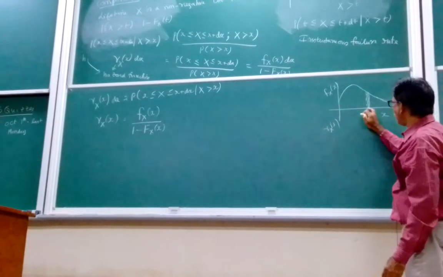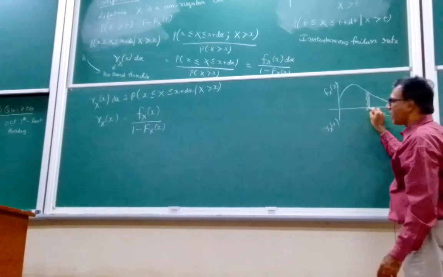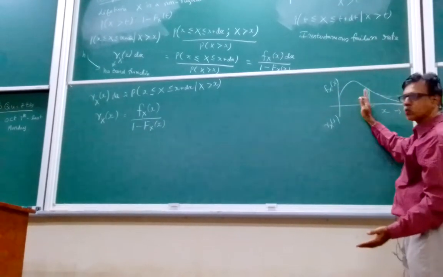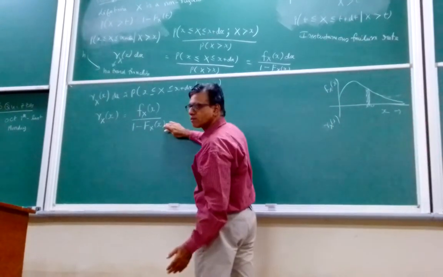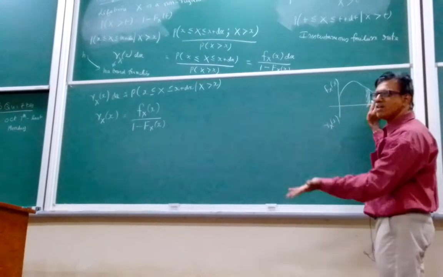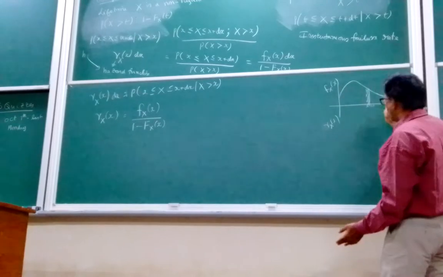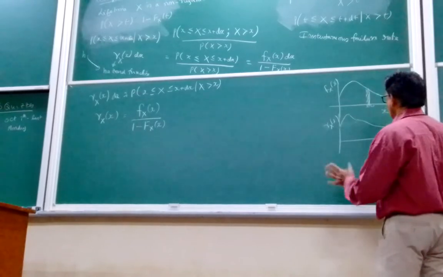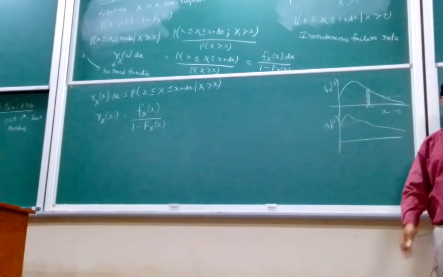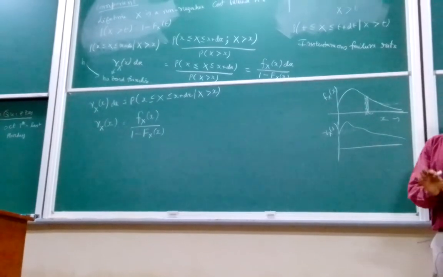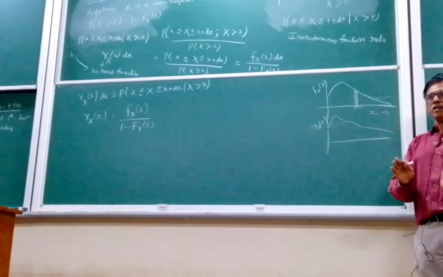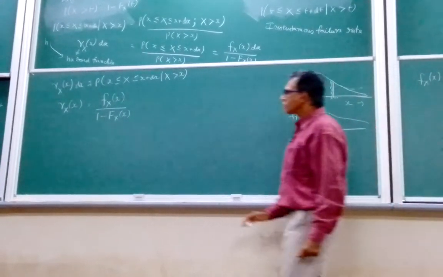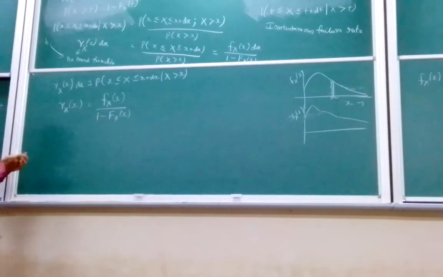That is, the probability that X lies between x and x plus dx, divided by the area from 0 to x, which is this factor, and divided by the interval size to get the density. Every time you have to recompute such a thing and then draw it. Not sure how it is going to be, something like this. That function is called the hazard function. It is the conditional density function, conditioned on the lifetime exceeding the particular time at which you compute the hazard function. This is how you can find it.